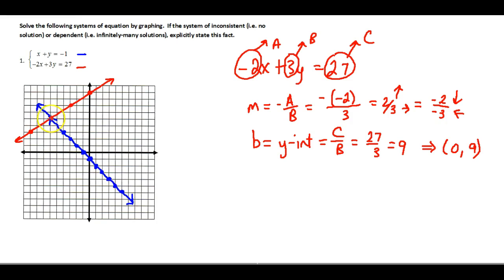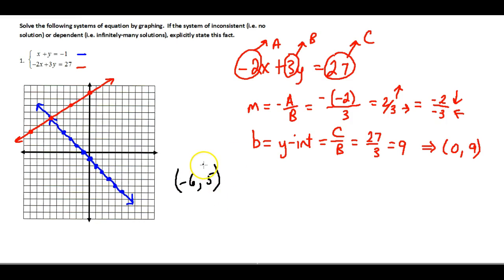And now what we need to do is locate what this particular point is. If we count from the origin, we'll see that we have -1, -2, -3, -4, -5, -6 in the x direction. And then from here we go 1, 2, 3, 4, 5 in the y direction.